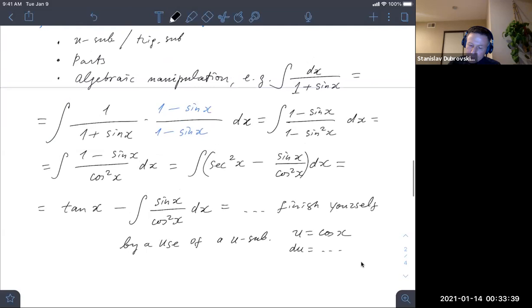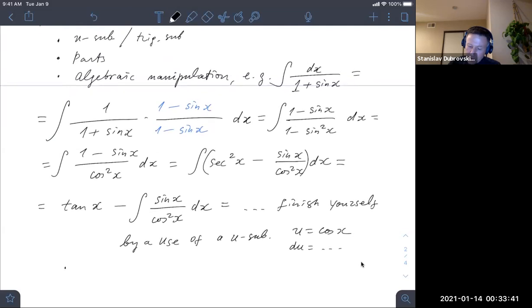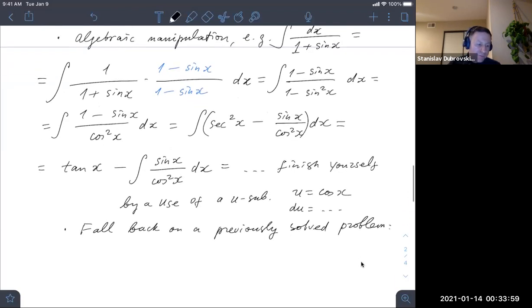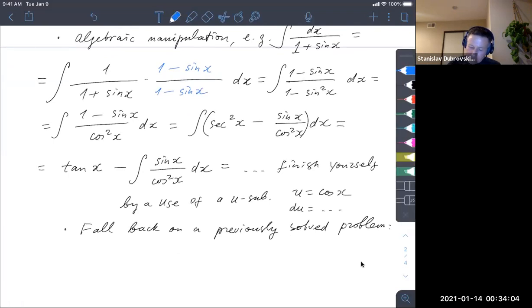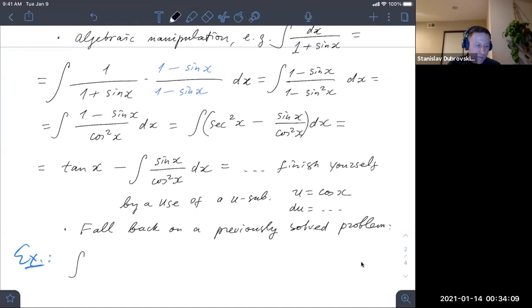Sometimes you can also fall back on a previously solved problem. So here's an example. Let's say that we want to integrate tangent squared x secant x dx.